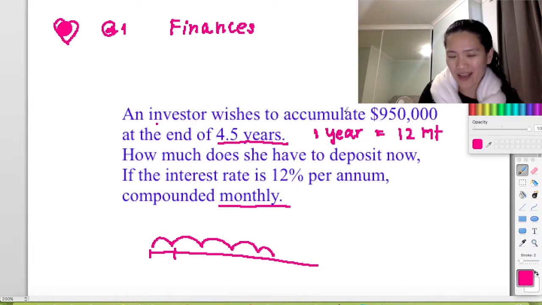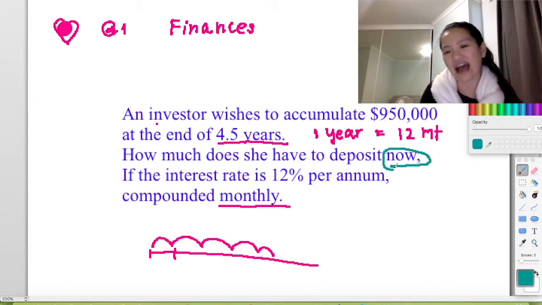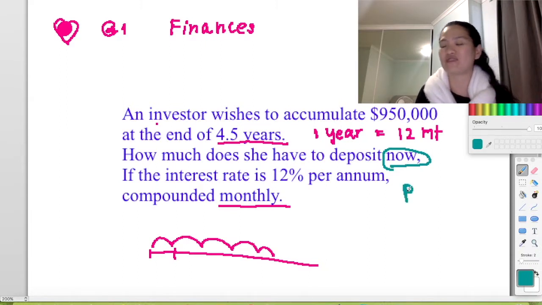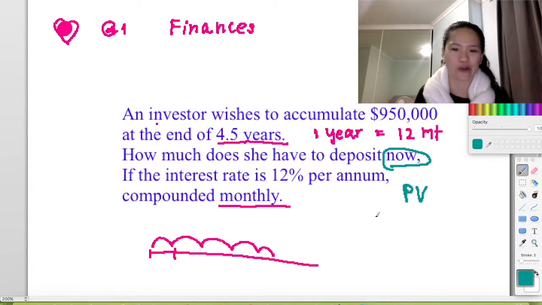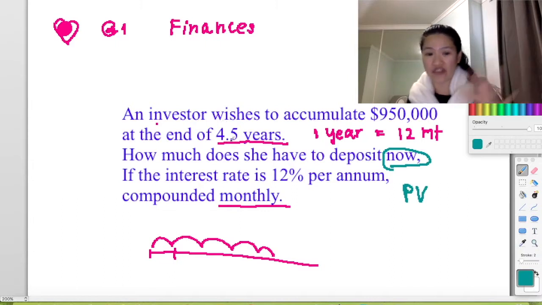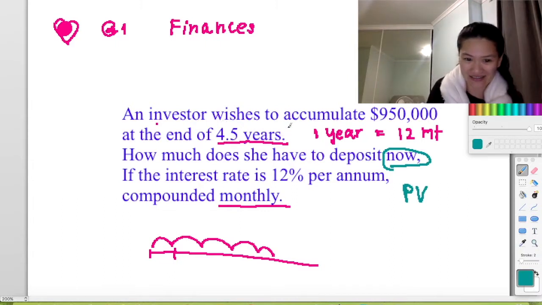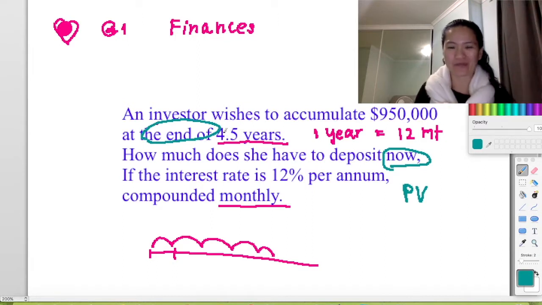First, you should know that they ask you, how much does she have to deposit now? If they say now, that means they want you to find PV, present value. I'm going to write down all of the formulas for you. And at the end, 4.5 years, at the end, that means in the future, money in the future.